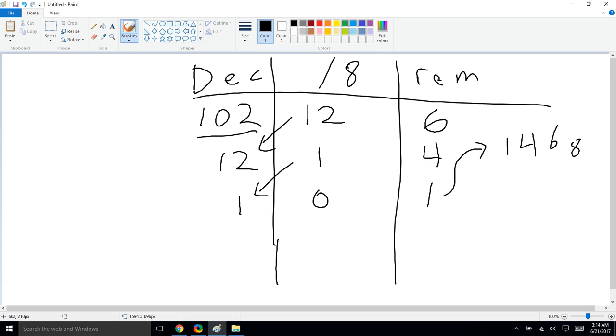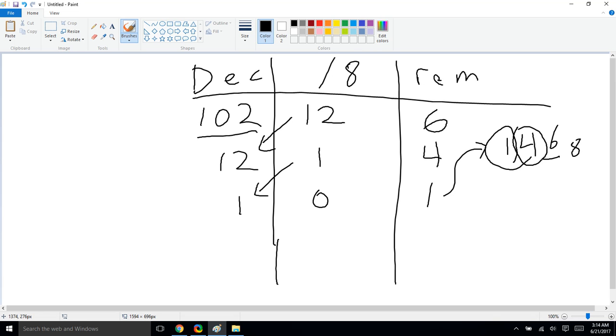You can check this. The ones place is 6. 4 would be multiplied by 8 to convert back to decimal, and the 1 would be multiplied by 64. That should work out. 64 plus 32 plus 6.